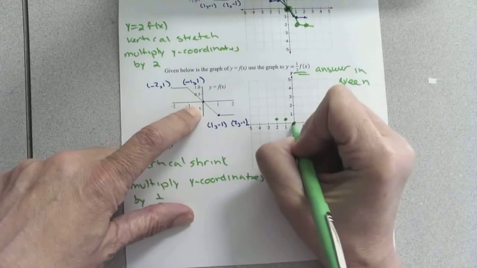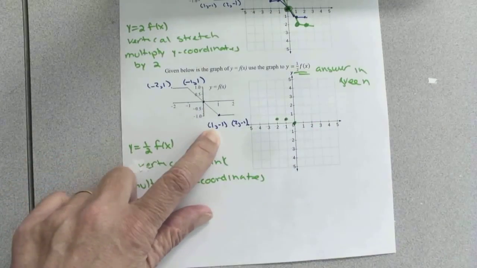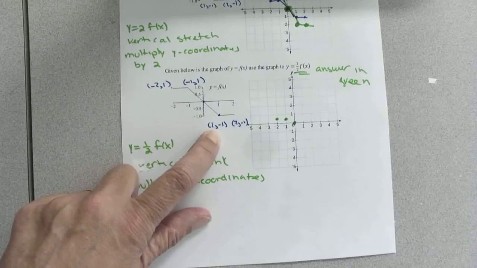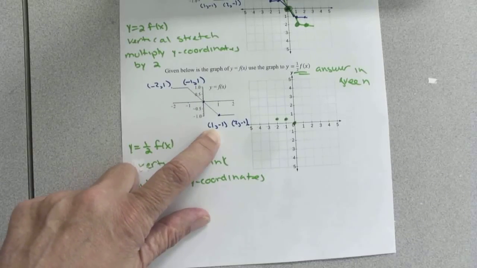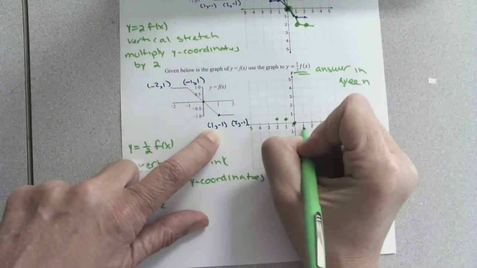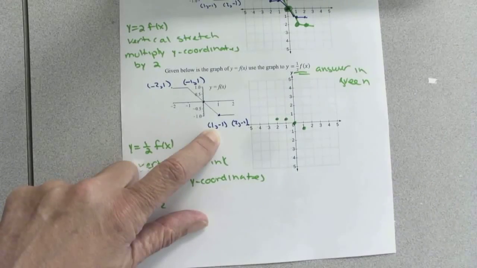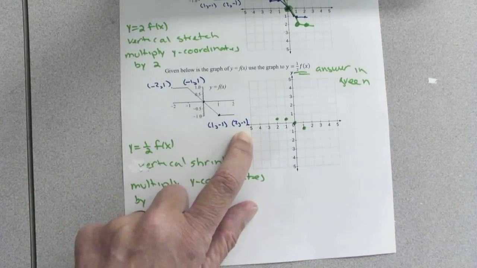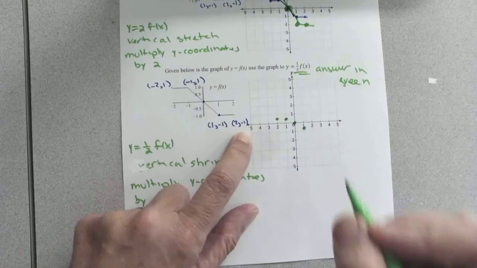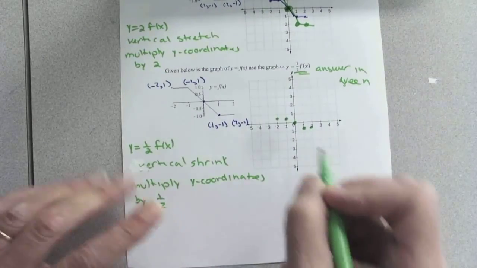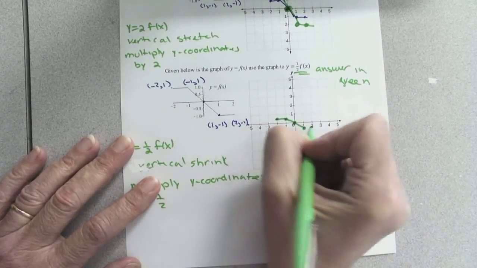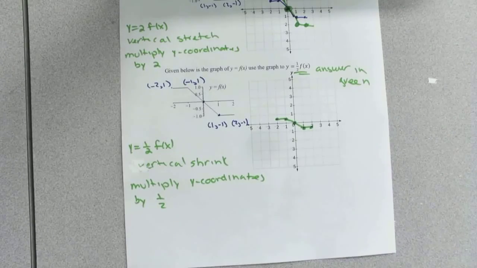That doesn't change, so it's still going to be 0, 0. Down here, multiply the y coordinate by -1/2. So it's going to be 1, -1/2, right about there. And then multiply the y coordinate by -1/2. So it's going to be 2, -1/2, right about there. And that's the answer.